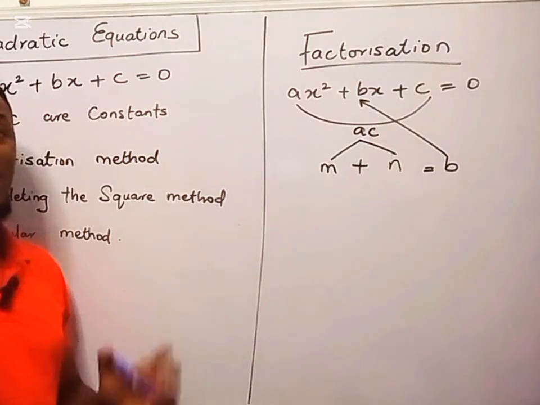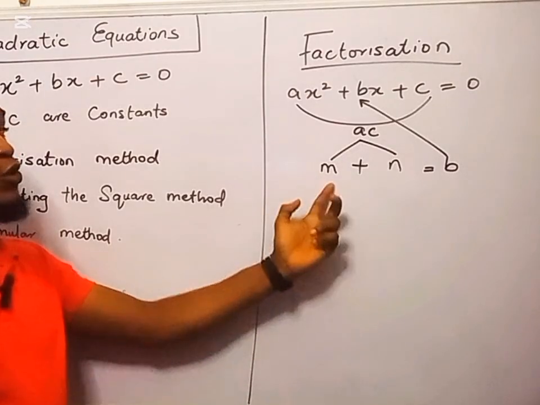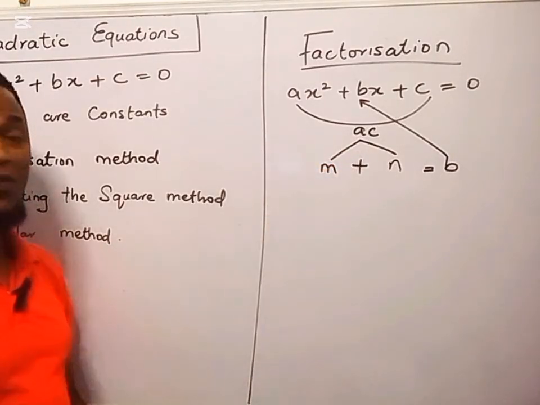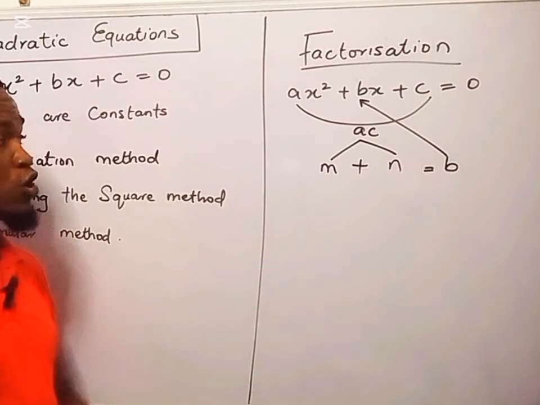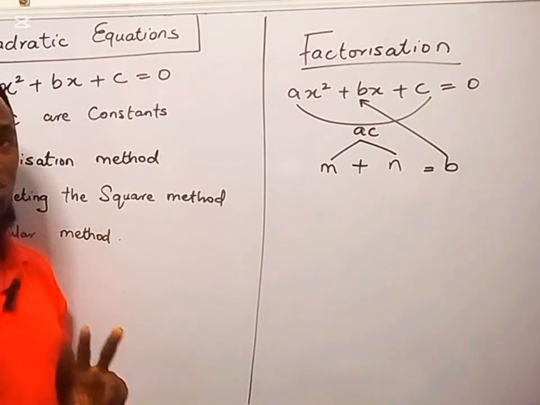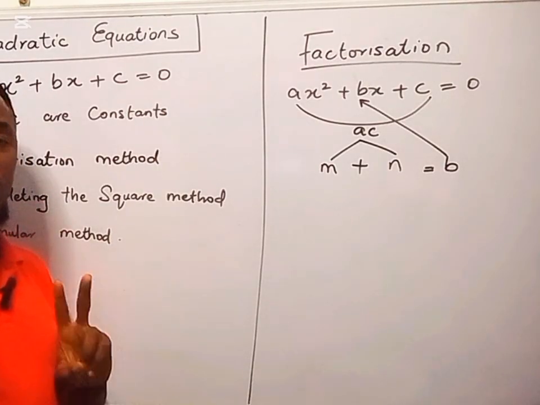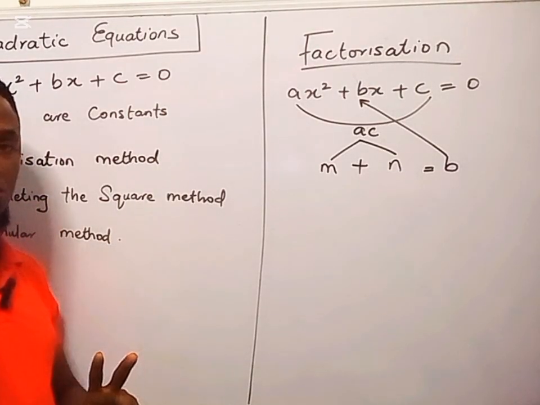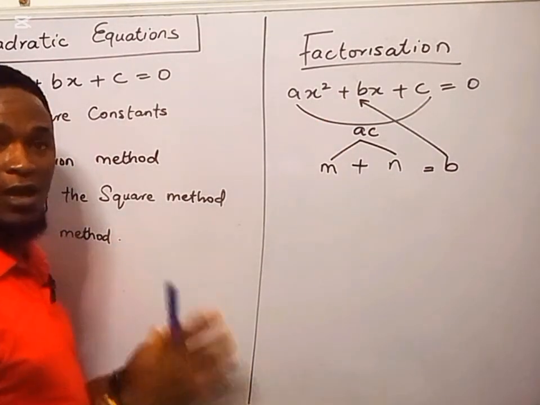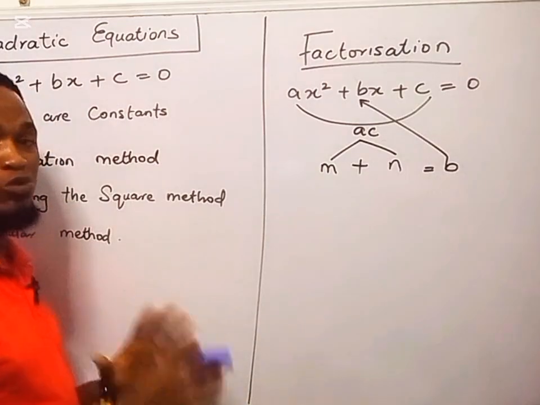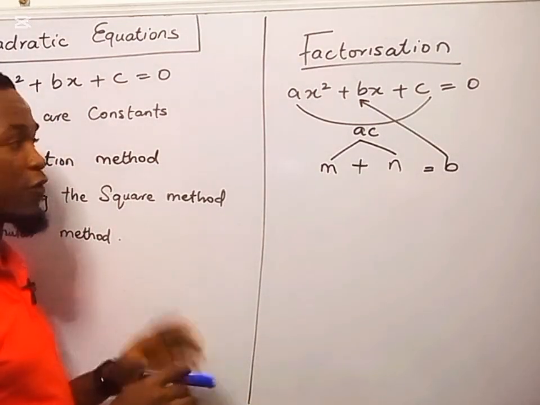Okay, so this is the factorization method. You need to get 2 factors of that AC. If your AC is, for instance, 12, the factors of 12 are 1, 2, 3, 4, 6, and 12. Out of those factors, you need to get 2 that, when you add them together, give you the coefficient of x, which is b. Don't worry, I'll do an example so that you can remember.